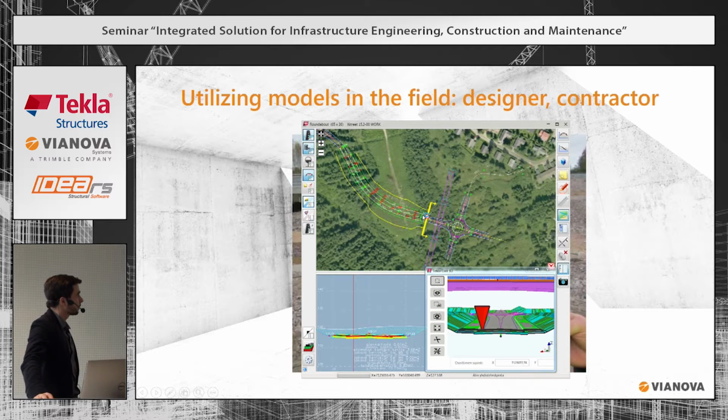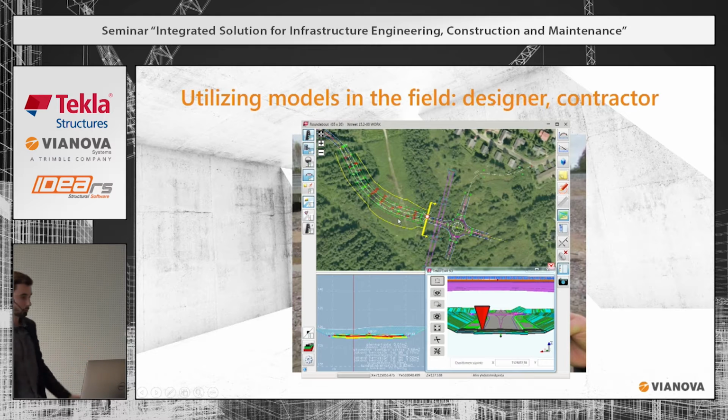That's where you're standing. That's the place where you stand at the moment. So you have, of course, GPS in your tablet, so you see your position, and you see your position in the cross section, also in the 3D. So you know when you are in the field, here's the road coming.